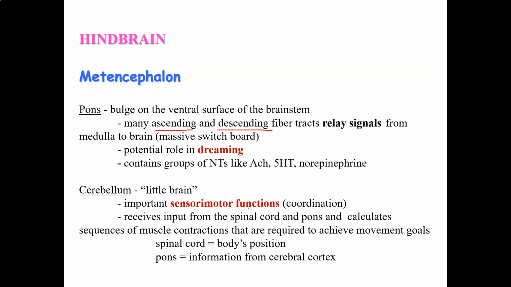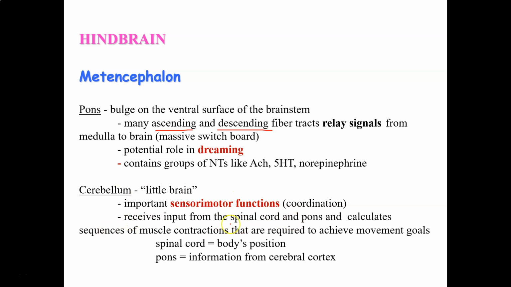It makes adjustments to our movements based on the sensory information that we're getting, like body position, vision, hearing, all of that. The coordination of all of that is handled by the cerebellum, and it's getting that information from the pons and then sending signals out through the spinal cord to change or modify our skeletal muscles as it sees fit.